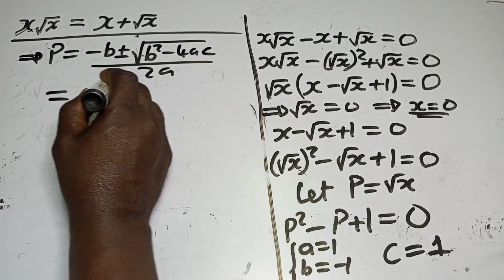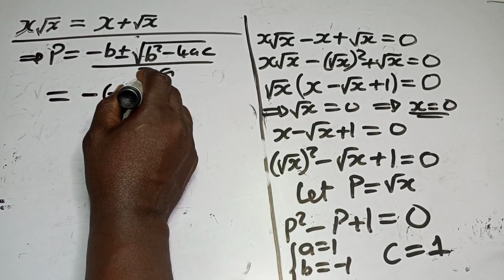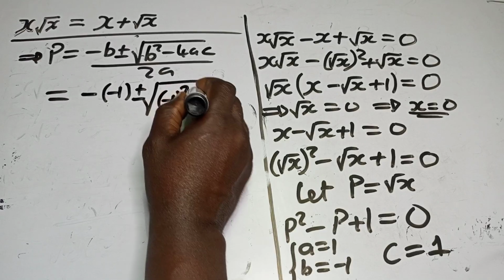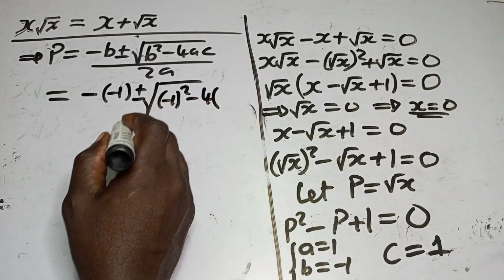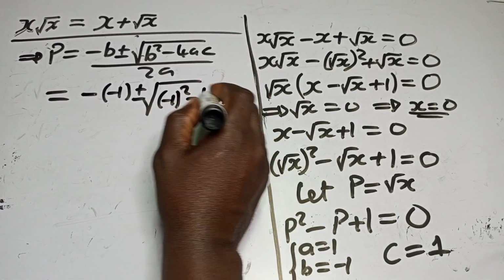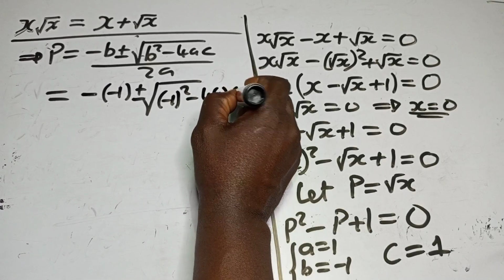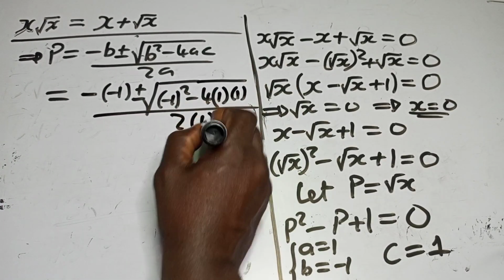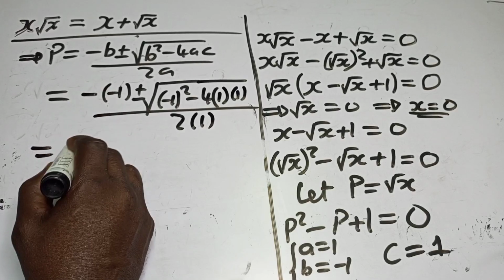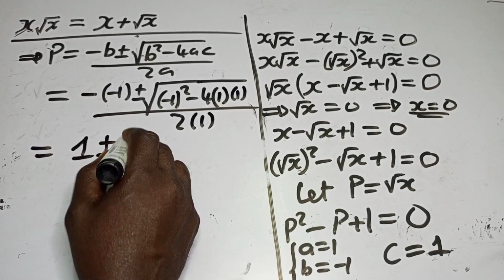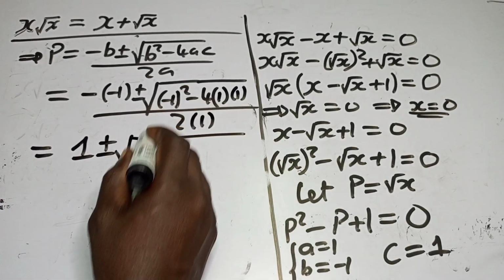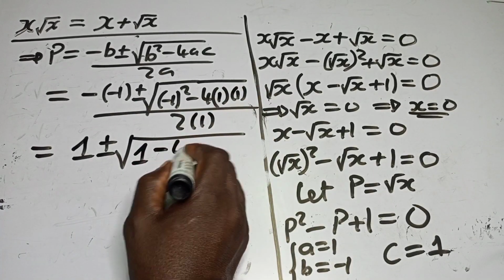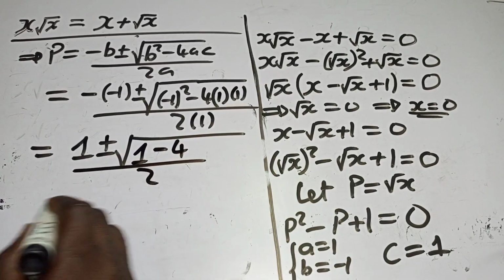It's going to be minus (-1) plus or minus the root of (-1) squared minus 4 times a times c, our c is 1, all over 2a. This gives us, minus negative is positive 1, plus or minus the root of negative 1 squared is 1, 4 times 1 times 1 is 4, all over 2.